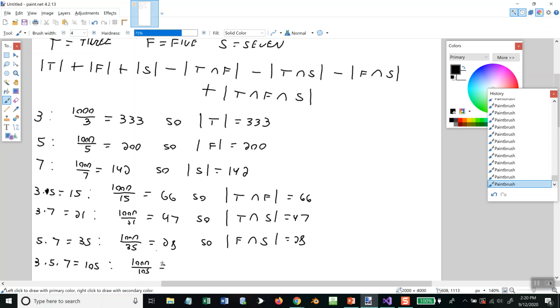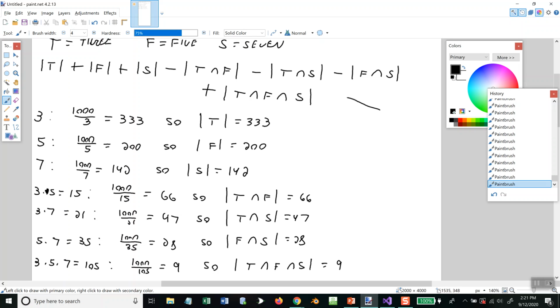That gives us 9. So the cardinality of T and F and S is going to be 9.